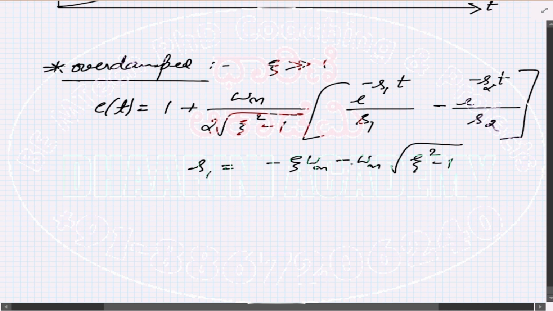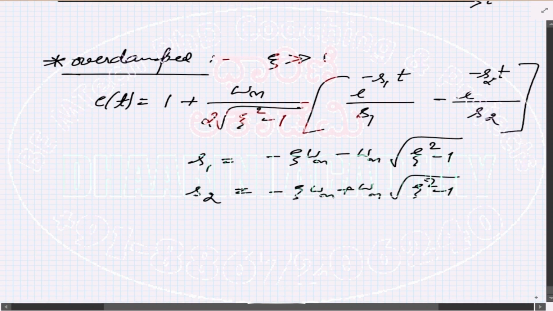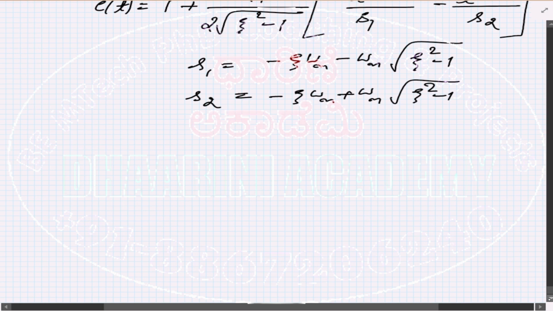You see that now zeta is bigger, so you don't get a j over there. And s2 is minus zeta omega n plus omega n into root of zeta square minus 1. So we have to substitute this to get the final output. Anyway, that's fine. Overdamped, critically damped and underdamped are not given much importance.